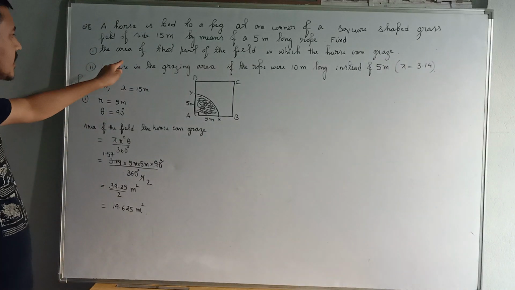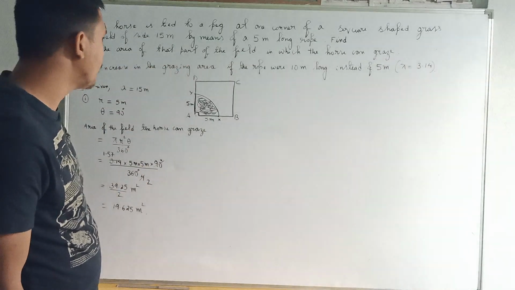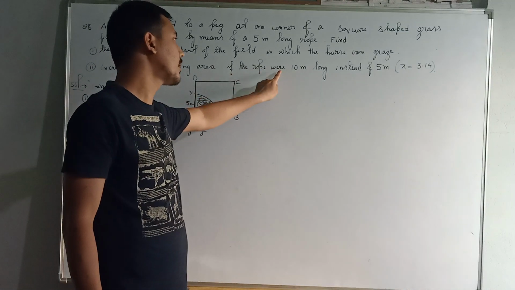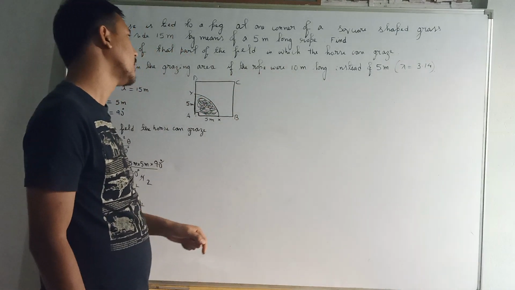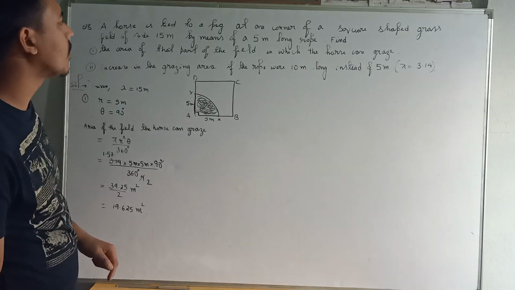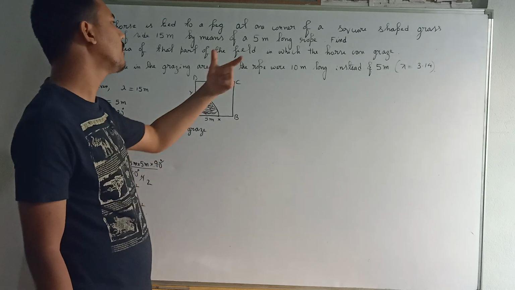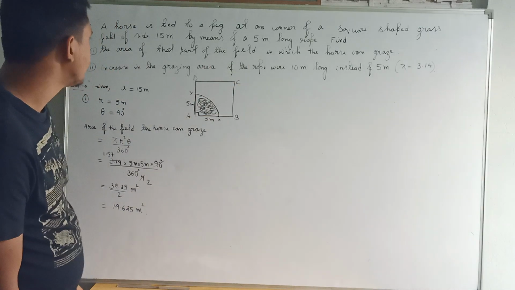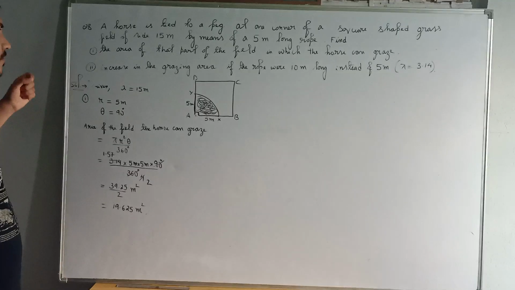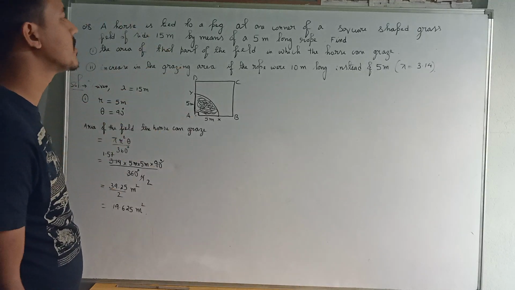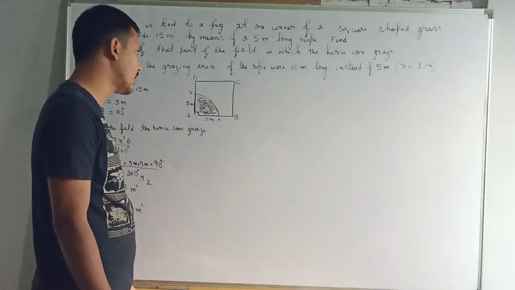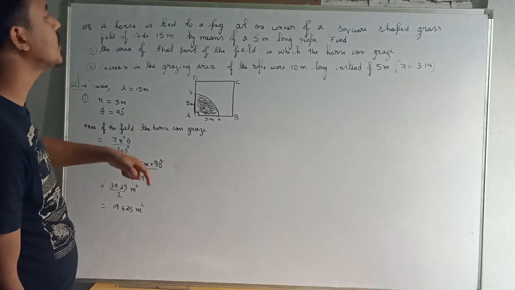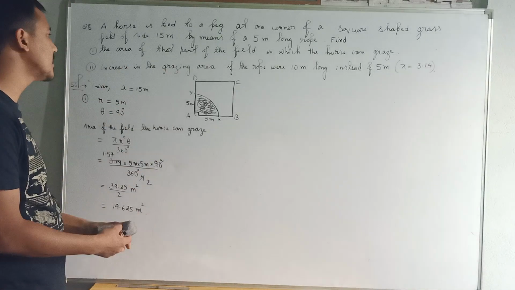Increase in the grazing area if the rope were 10 meters long instead of 5 meters. Now, if the length of the rope is 10 meters instead of 5 meters, then what would be the increase in the grazing area?